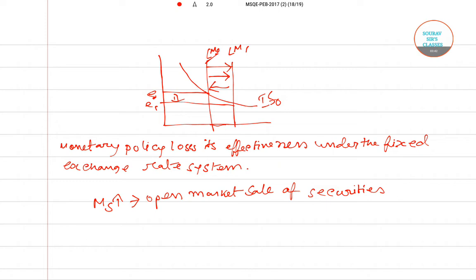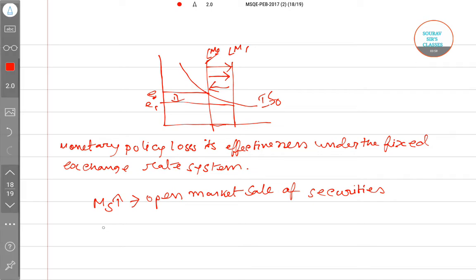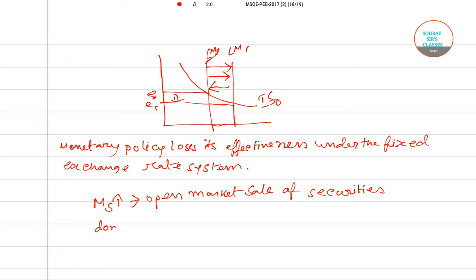Now people of the domestic country start to sell domestic currency to the central bank. So the domestic currency is being sold to the central bank.